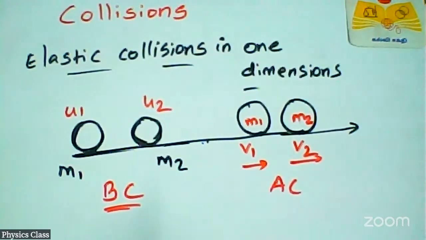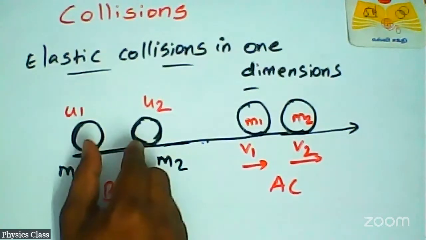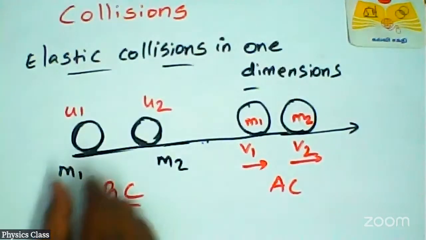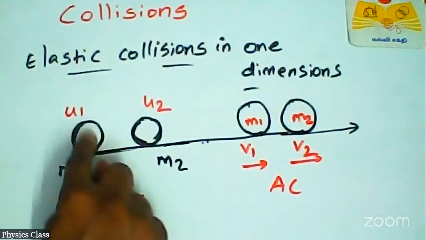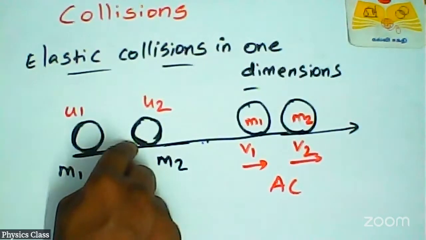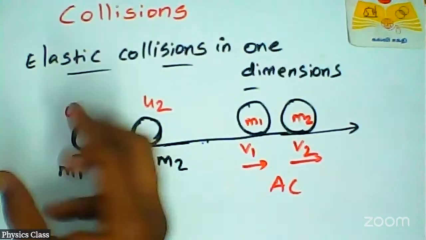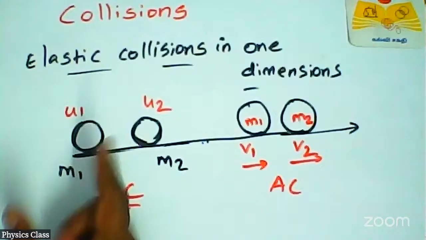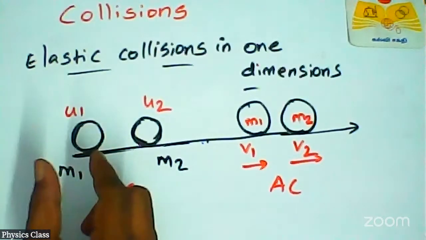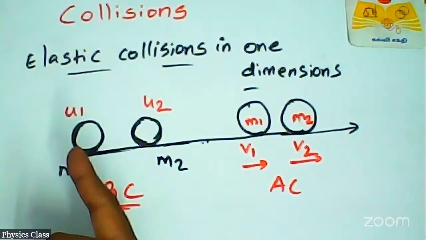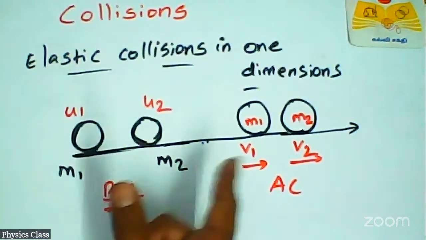Why do their velocities change? Before collision they travel with their own velocities. After collision, this object gives some force to the other object, and the other gives some force back. Whenever two objects collide, their momentum changes. Momentum means mass times velocity.